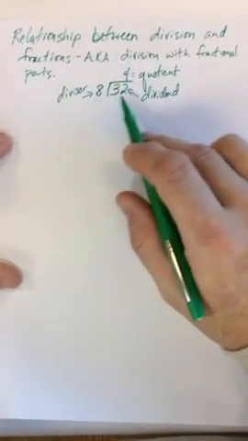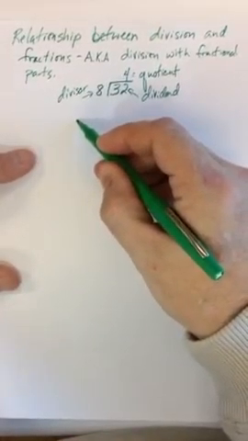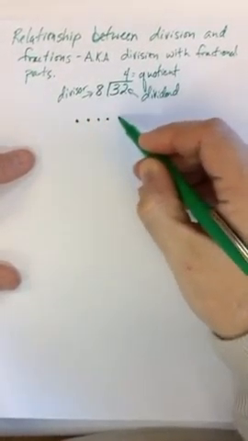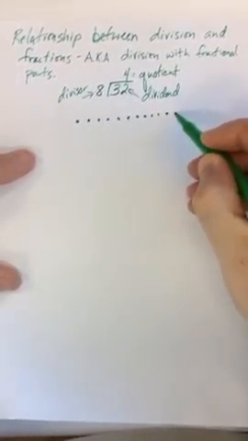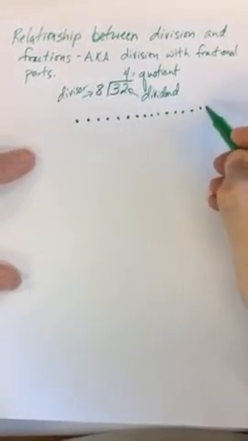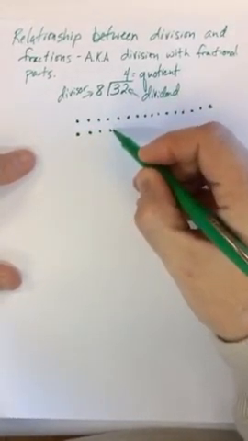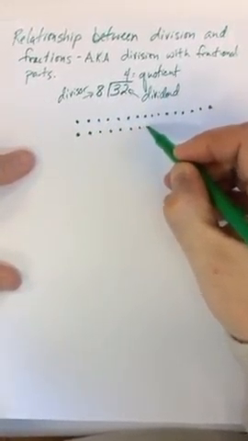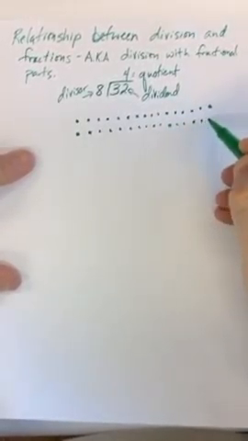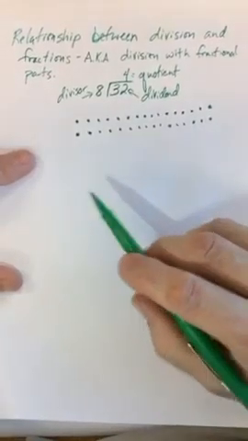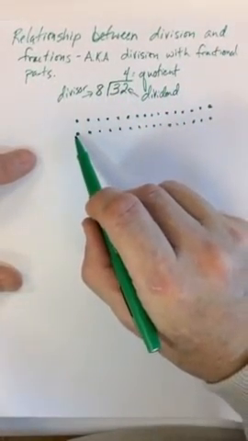I could easily represent this by drawing 32 pieces. This is also called an array, and putting them into groups of 8.